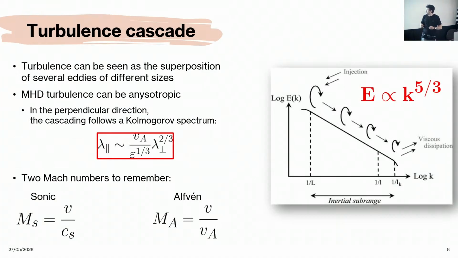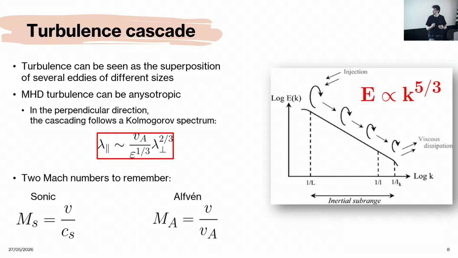When we study turbulence, we can think about it as this power law, where we have these large vortices at the large scales, where the energy is being injected, and this energy will cascade down towards smaller scales, usually following this law of minus 5/3, which we call Kolmogorov.